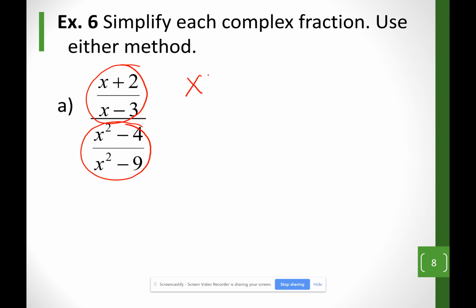I'm going to do x plus 2 over x minus 3 times the reciprocal of the bottom fraction. But x squared minus 9, I'm going to call that x plus 3, x minus 3. I'm going to factor that.